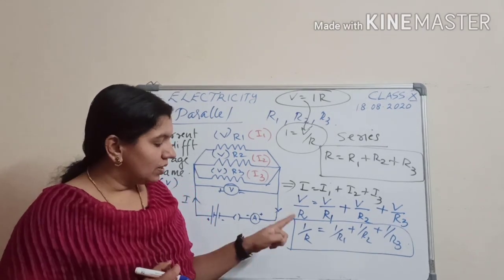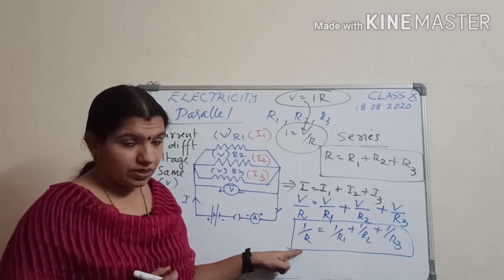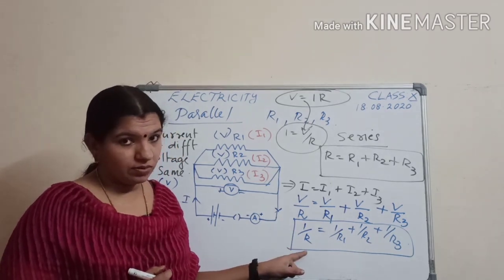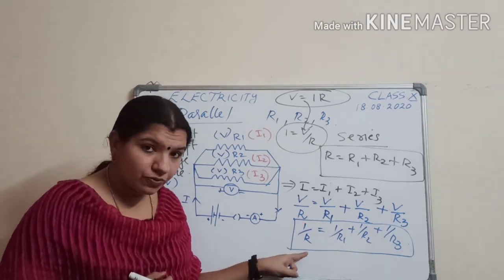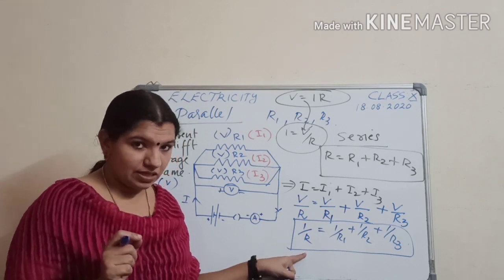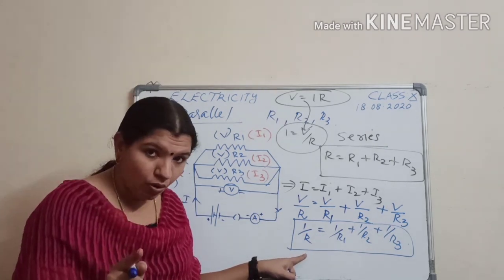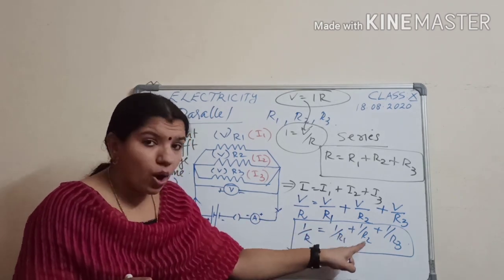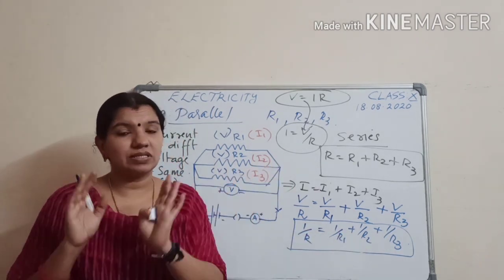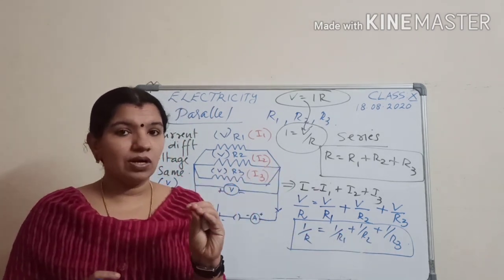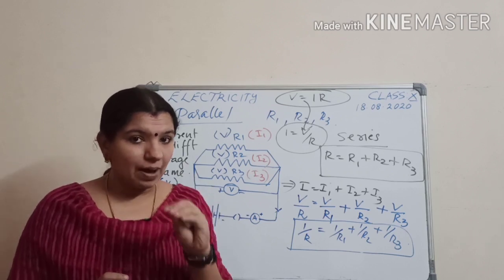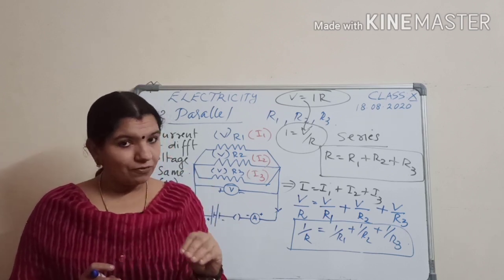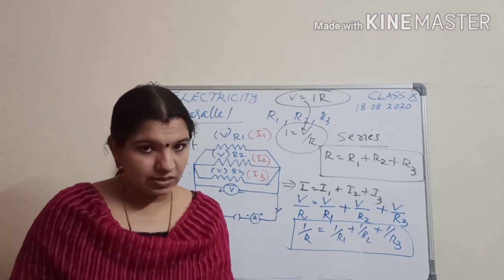Look here, 1 by R means the reciprocal of R. The reciprocal of the effective resistance is the sum of the reciprocals of the individual resistances.